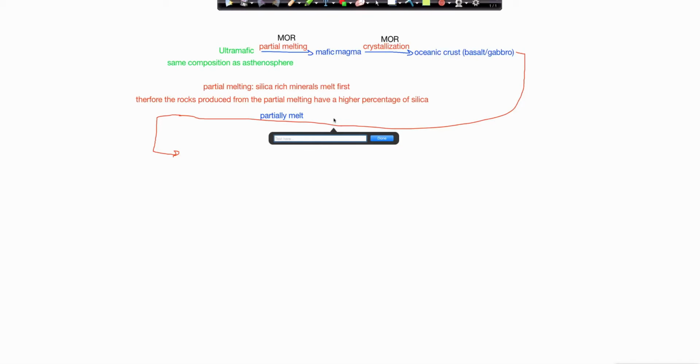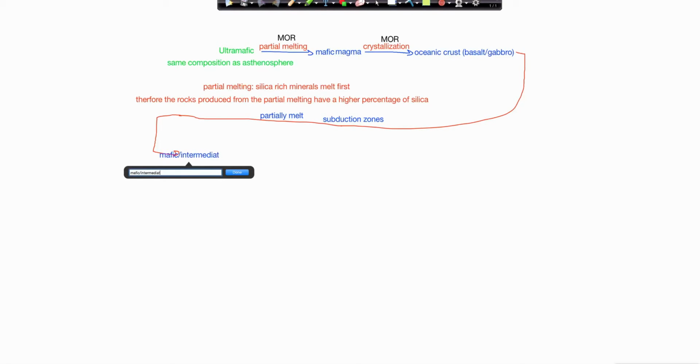This is going to occur at subduction zones, because once the oceans are spreading, when you get subduction, that's going to cause the mafic rocks to partially melt, and you're going to get mafic or intermediate magmas, it just depends on where you get subduction.